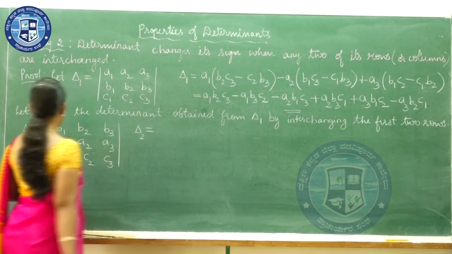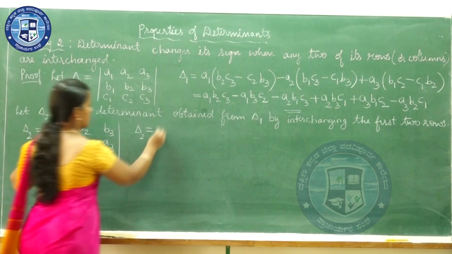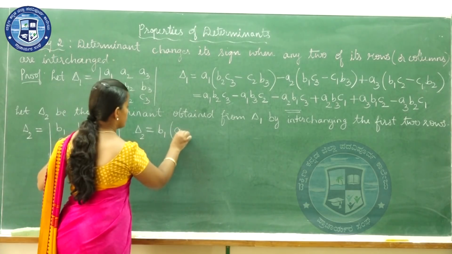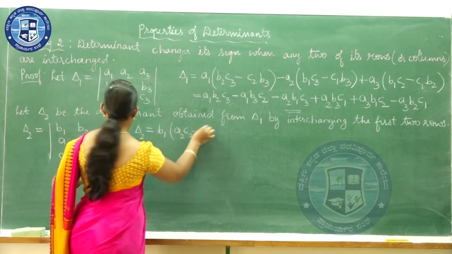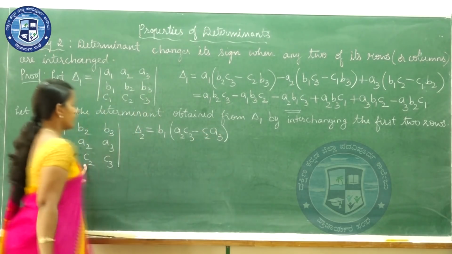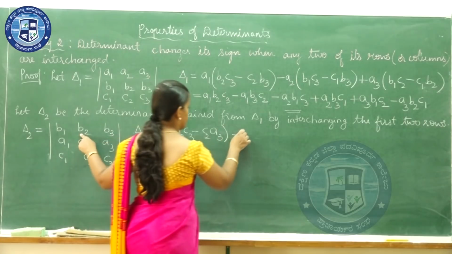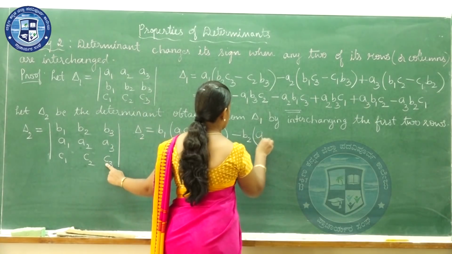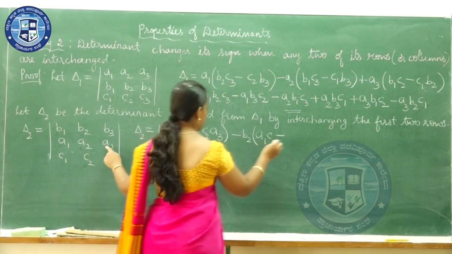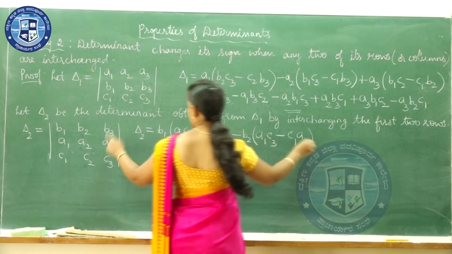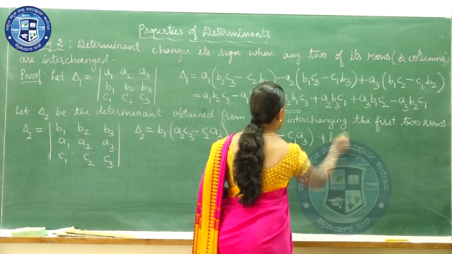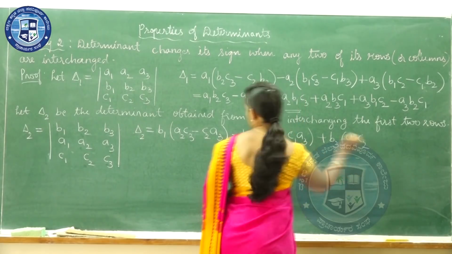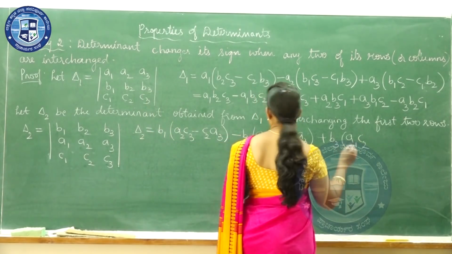Delta 2 is equal to plus minus plus, so it is B1 into, delete this, so A2 C3 minus C2 A3. Next change the sign, so minus B2 into A1 C3 minus C1 A3, plus B3 into A1 C2 minus C1 A2.